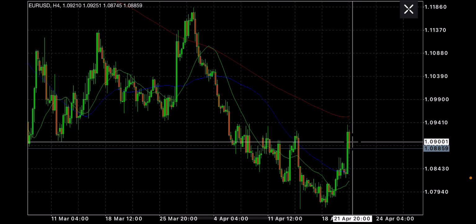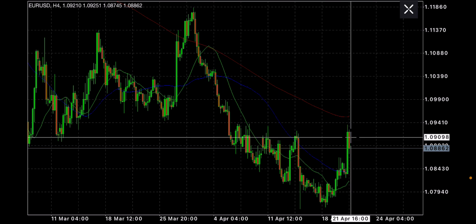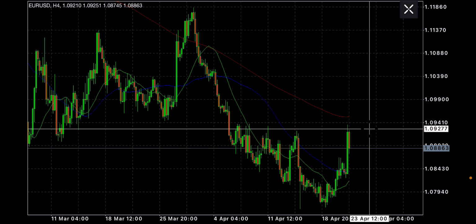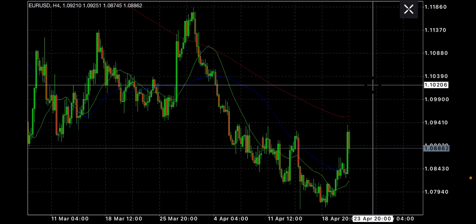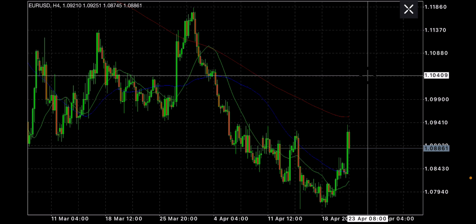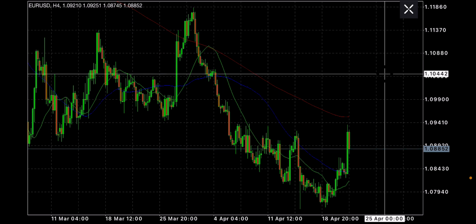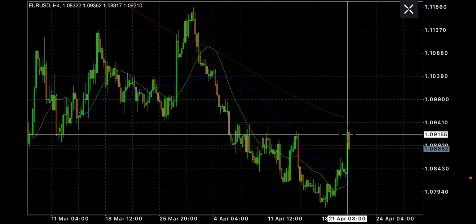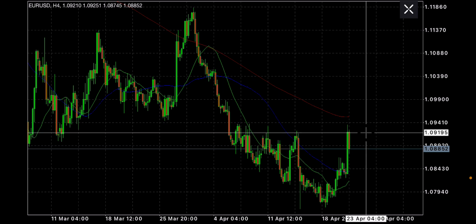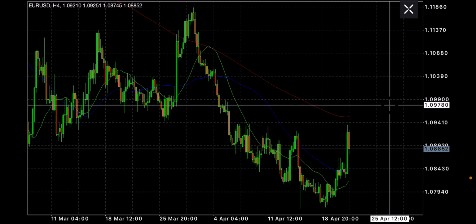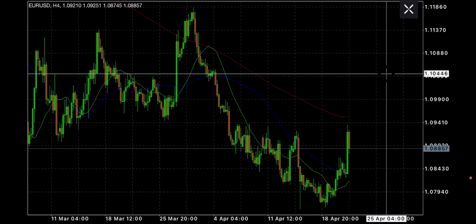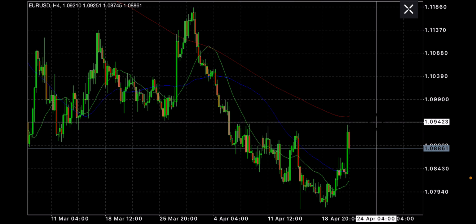So there's a couple scenarios in which this can happen. We can have a pathetic push down, and we can continue to go towards the long side, get to probably about here or here before we start to see some retracement, or we can end up ranging out, then going up before we start to see some retracement.